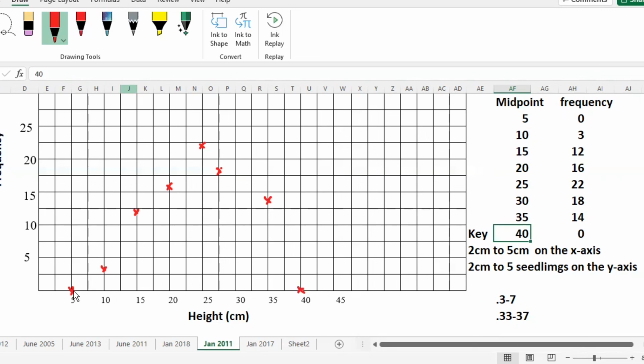Now we can go ahead, get our ruler, and draw straight lines to connect each point. And this is what our frequency polygon will look like. Yours will be way neater than this because you will have a ruler to connect the different points.